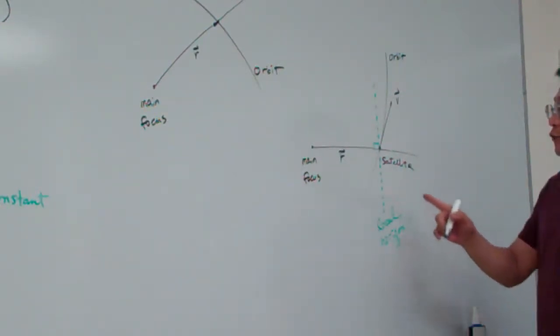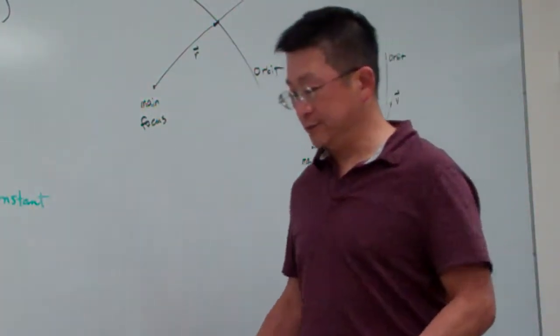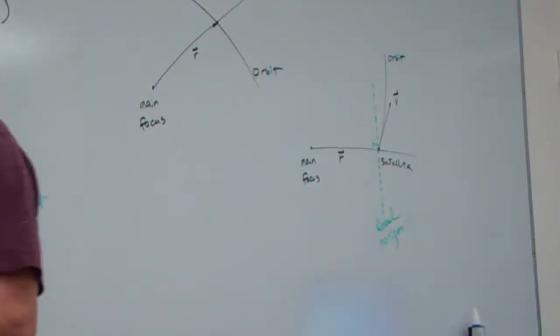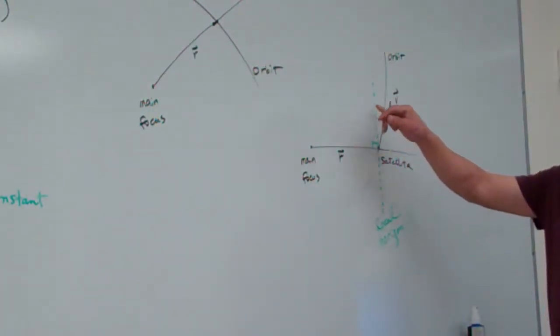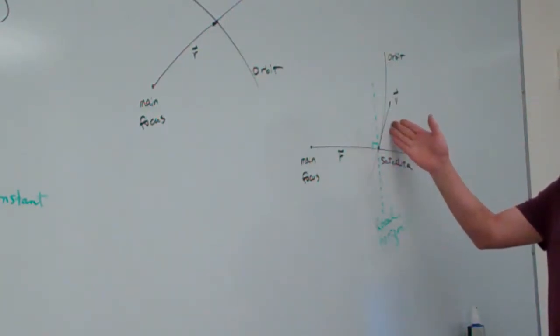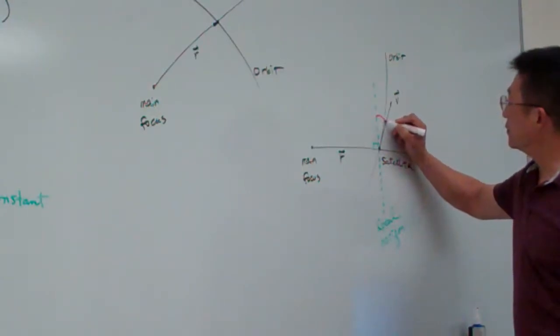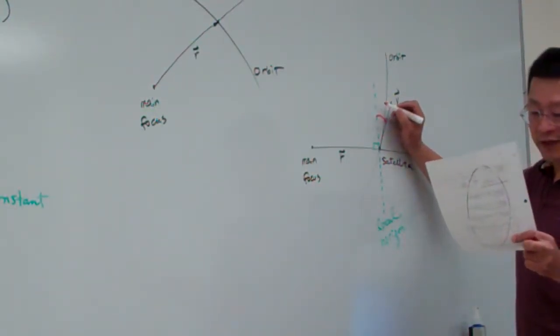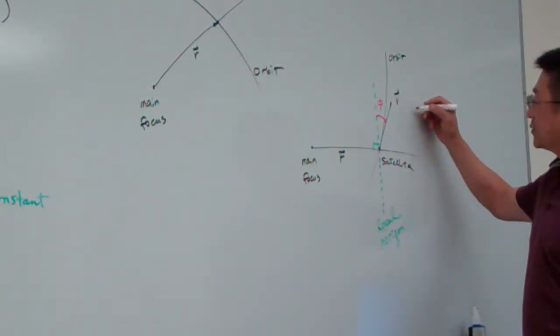And with this line defined, we can define a term. This term is very, very important. We measure the angle from the local horizon to the direction of the velocity, and in our textbook we use phi. The phi is called the flight path angle.